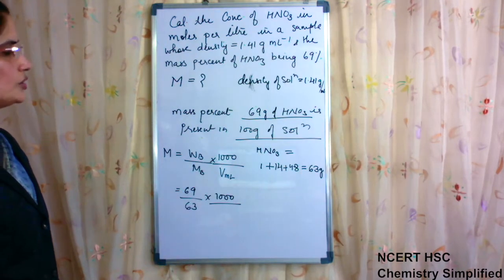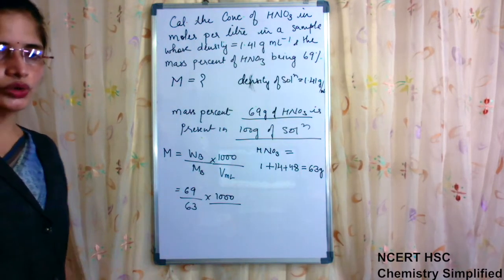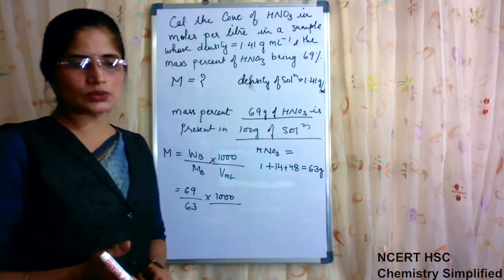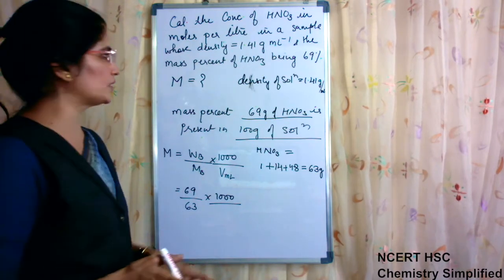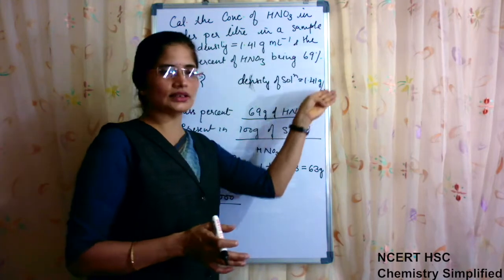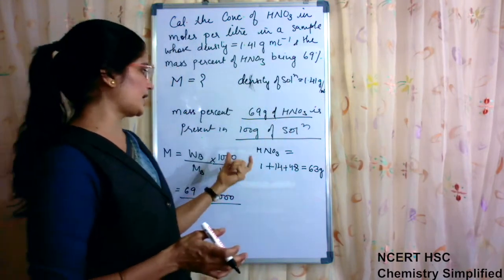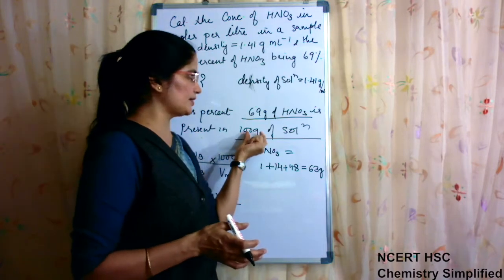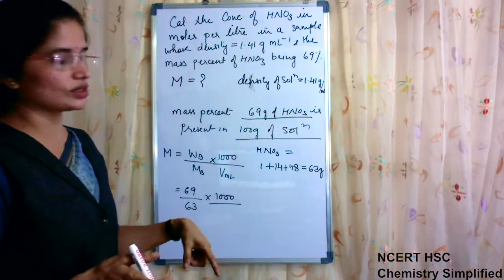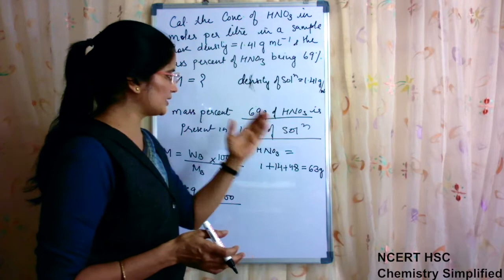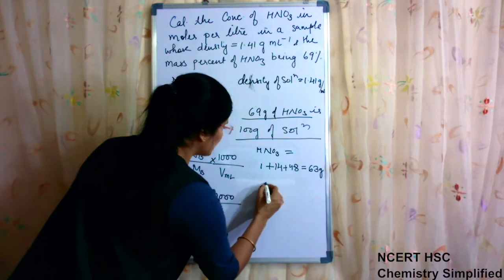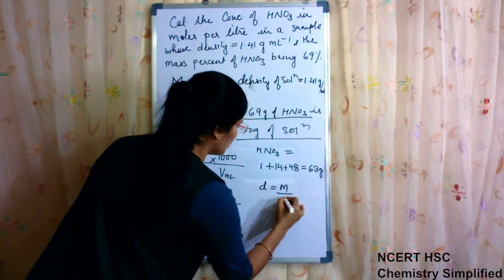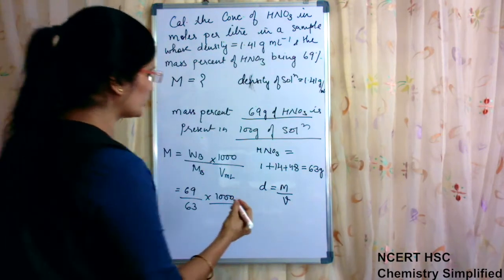Now the volume of the solution we don't have. Whenever volume of solution is not directly given in questions, indirectly density is given, with the help of which you can calculate the volume. Now the mass of the solution we know is 100 grams because mass percentage was given. So for 100 grams of solution, density is mass per unit volume, and we want to calculate volume.